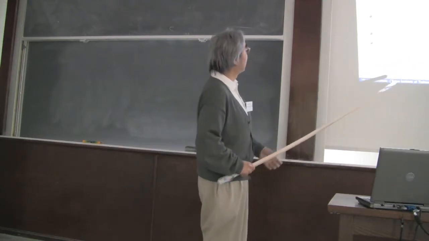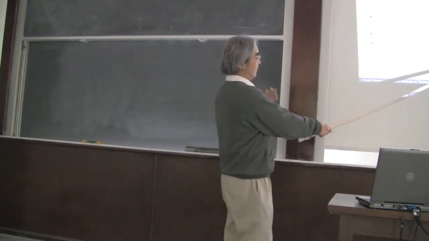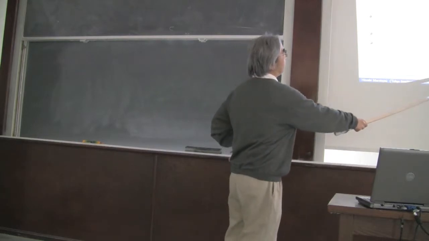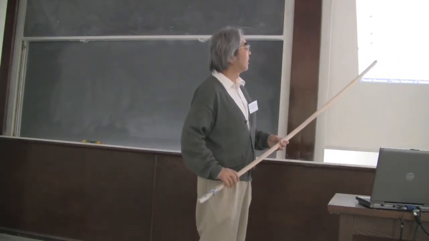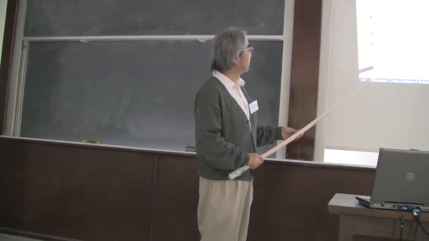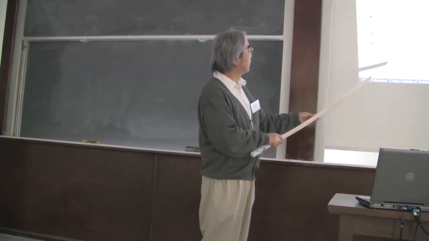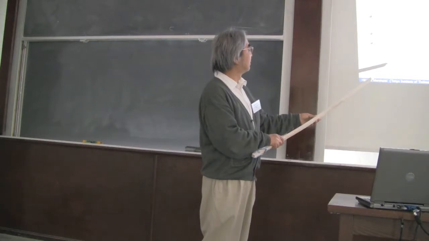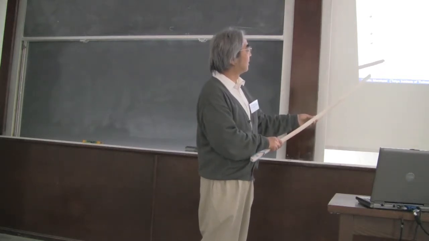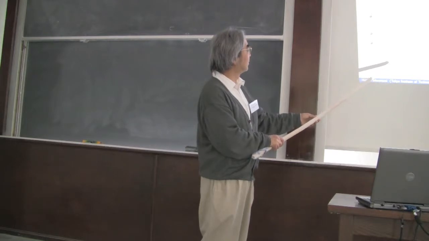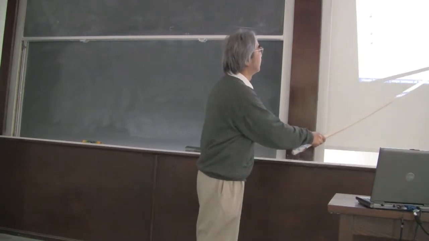So M is an endomorphism of V tensor V. If we fix a basis, then it can be given as a matrix like this. And the trace 2 is just a reduction.